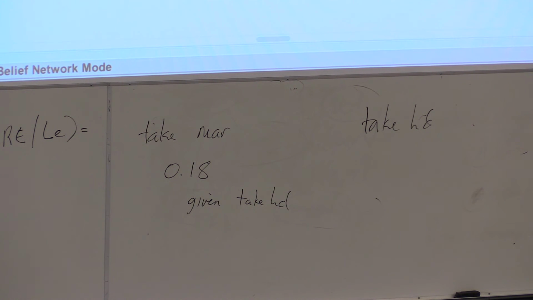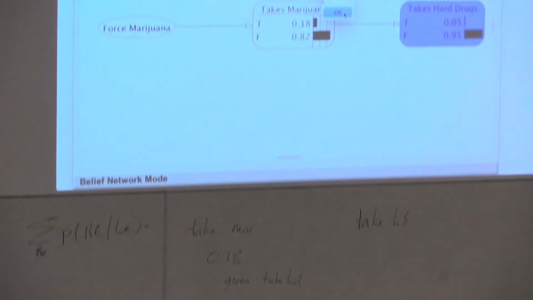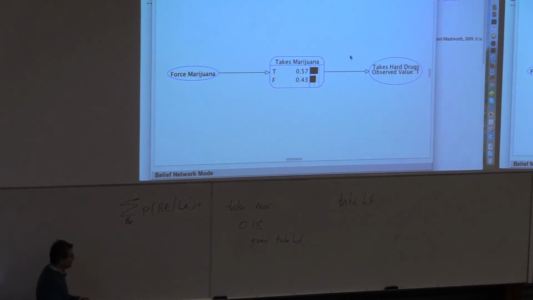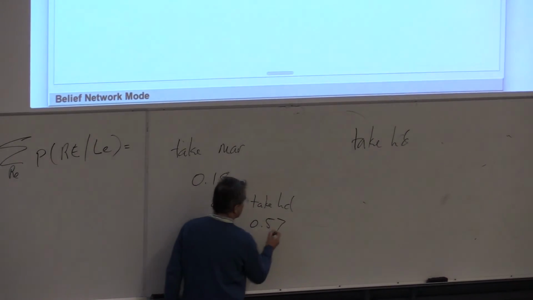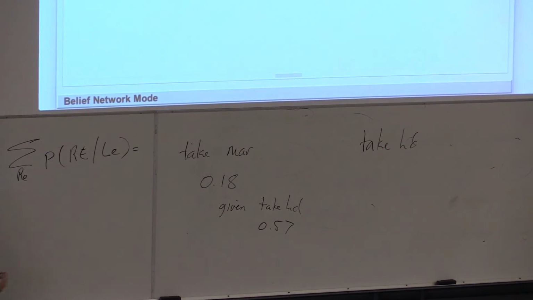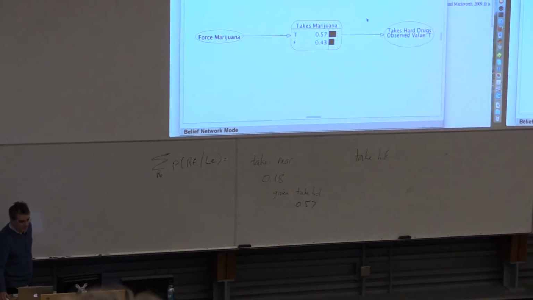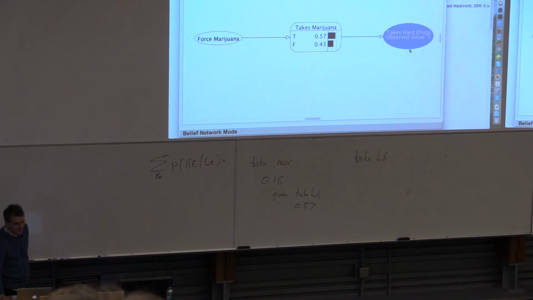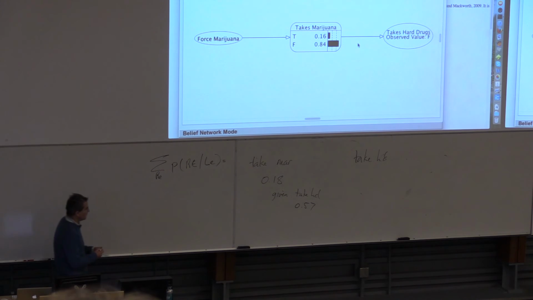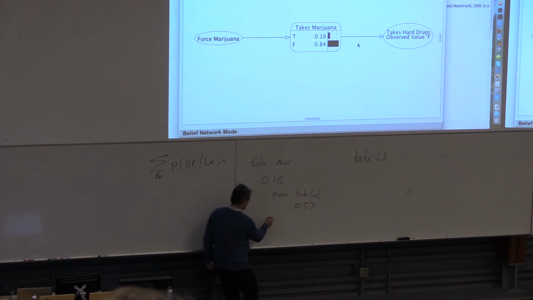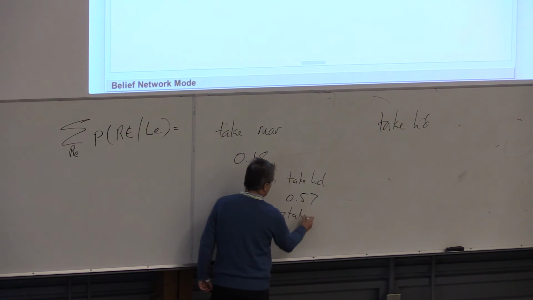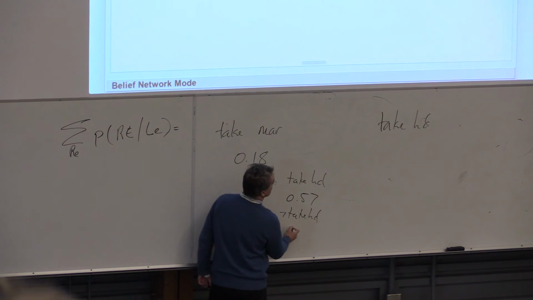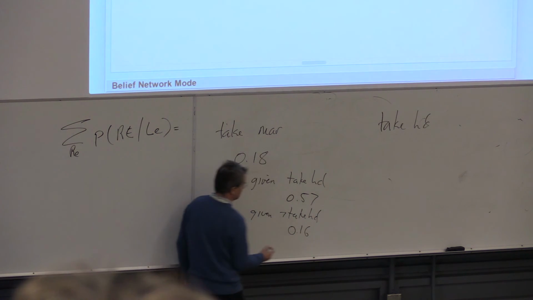Make observation, it's true. All of a sudden, in this model, it goes to 57%. It's 0.57. So they're strongly related. And if you observe that you didn't take it, then it's 0.16.